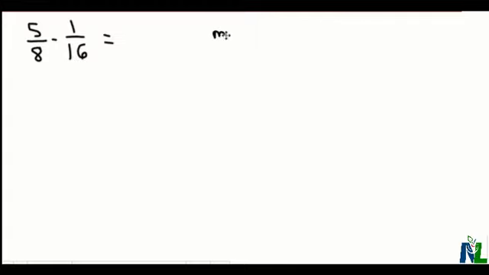So we can write out the multiples of 8, which are 8, 16, 24, and so on. And you should see from here that 16 is the lowest common multiple of 8 and 16. So we only need to change the first fraction.